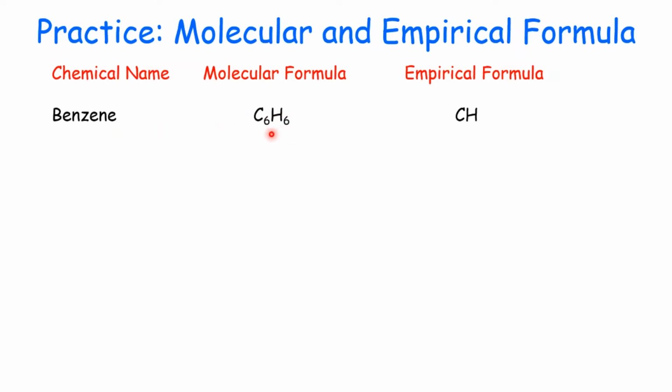Molecular formula, 6 carbon and 6 hydrogen, C6H6. The empirical formula, if you divide the subscripts by 6, you get 1 for carbon and 1 for hydrogen. So therefore, CH is the empirical formula for benzene.